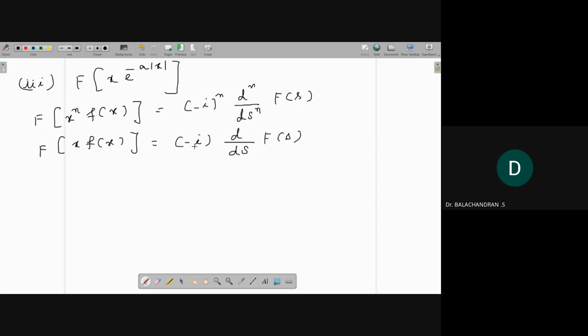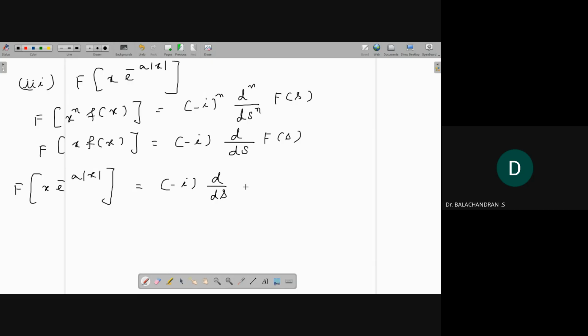Okay, so here f of x is e power minus a mod x. Now the Fourier transform of x into e power minus a mod x is equal to minus i into d by ds of f of s.